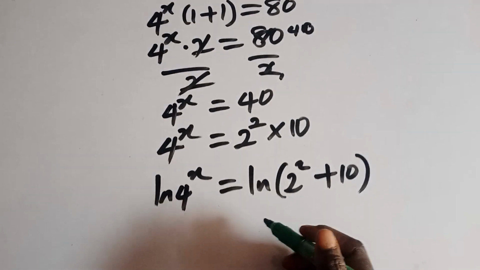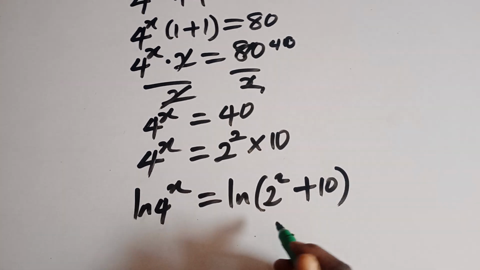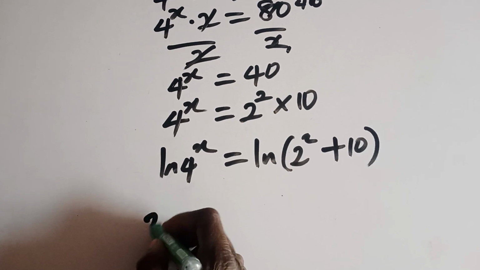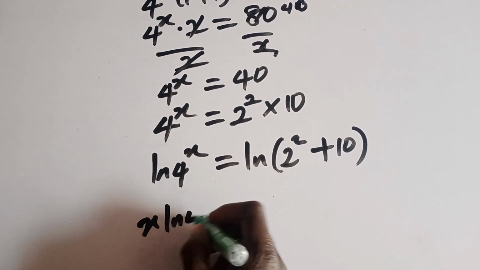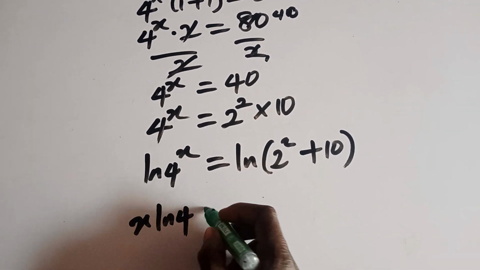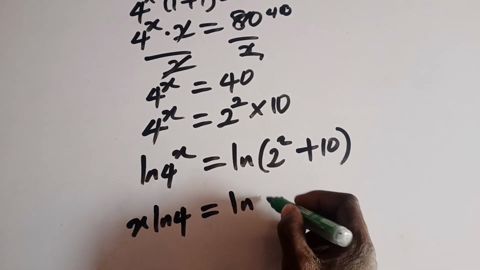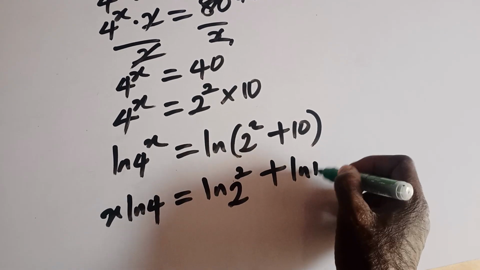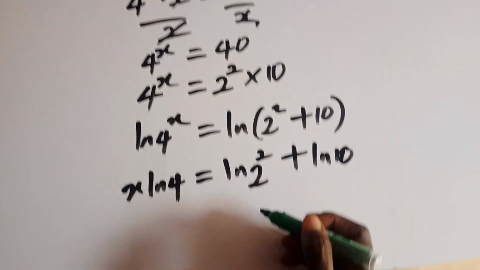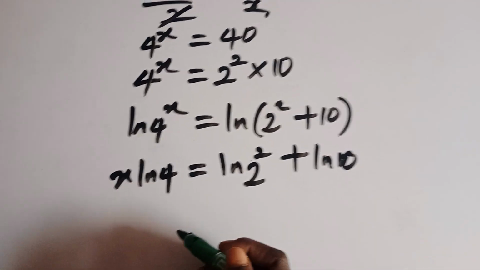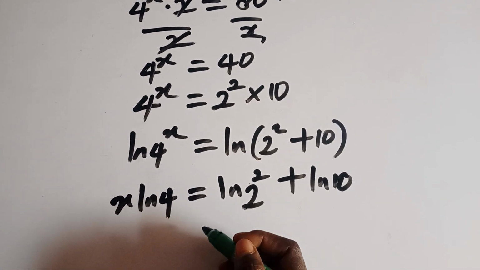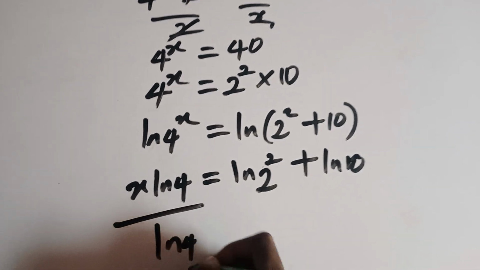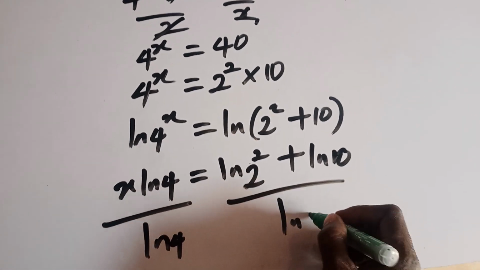Considering the rules of log, we can easily rewrite this as x ln of 4 equal to ln of 2^2 plus ln of 10, according to the rule of ln. If you look at this critically, you can easily divide both sides by ln of 4.